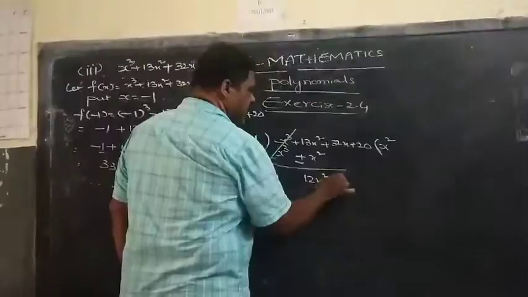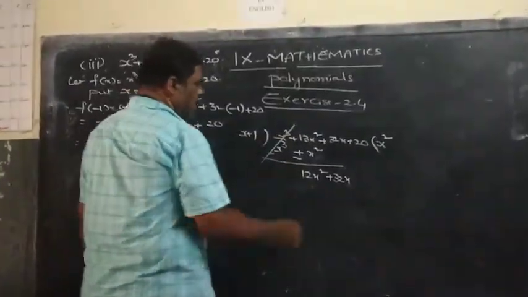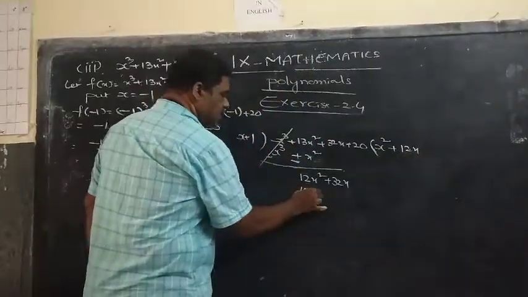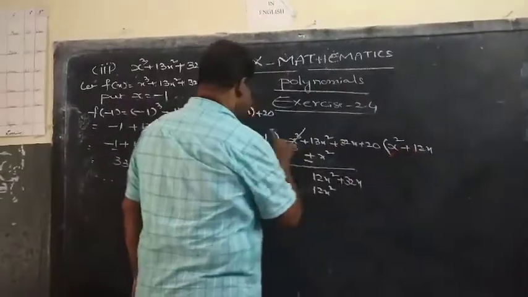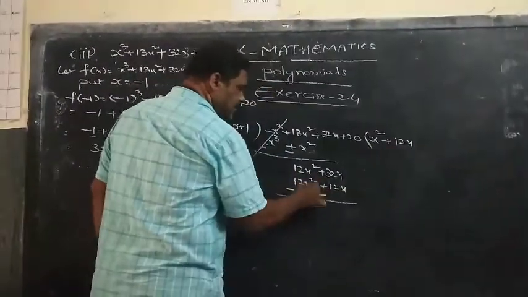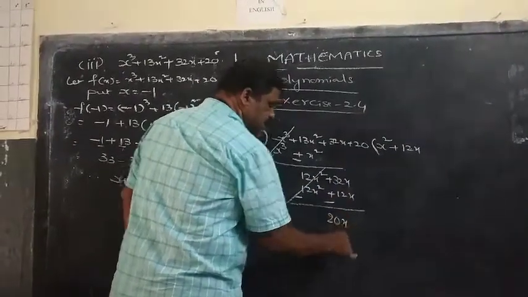Take next term 32x. x into how much is equal to 12x square? 12x. 12x into x is 12x square. 12x into 1 is 12x. So let us subtract. 32x minus 12x is 20x.